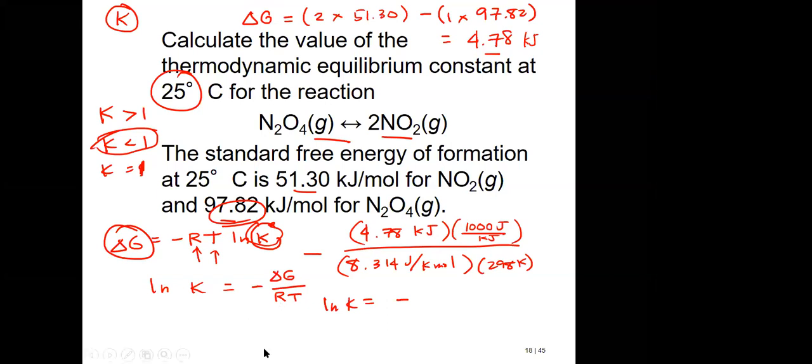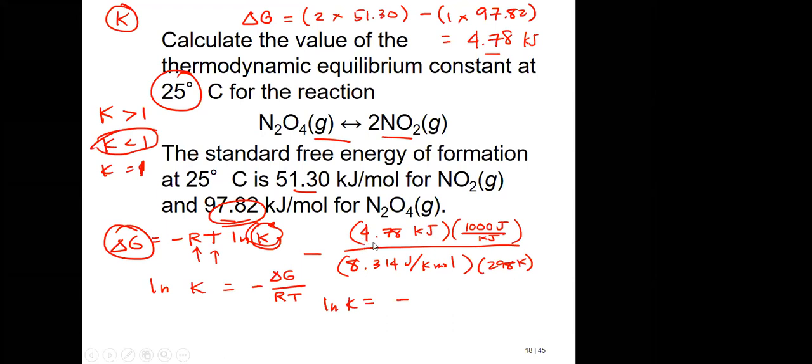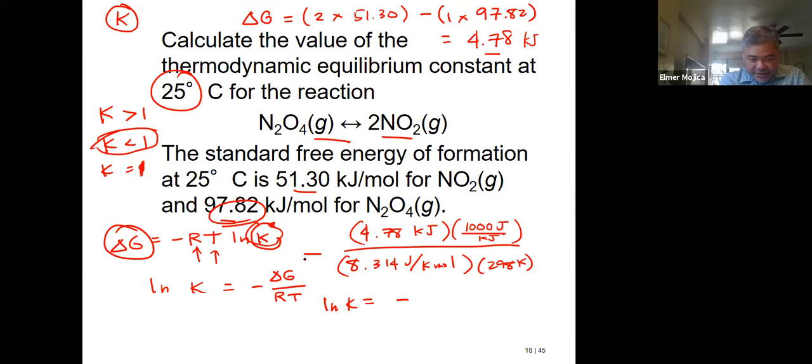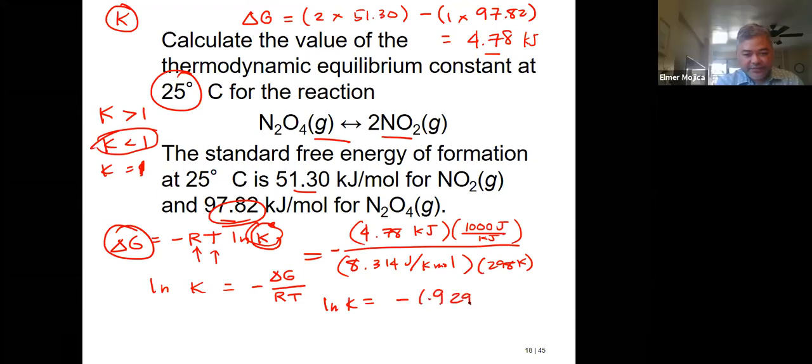What's the answer here when you do the calculation, because that's equal to the negative of all the things here. Negative 1.929. Okay, 1.929. So how are we going to make it into a K?